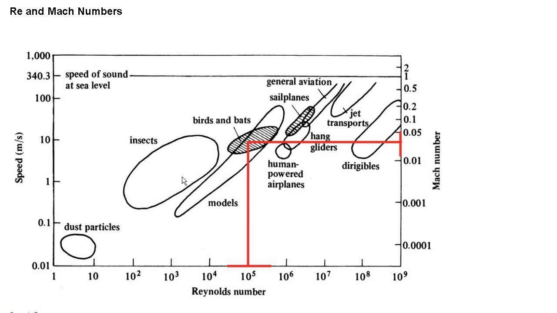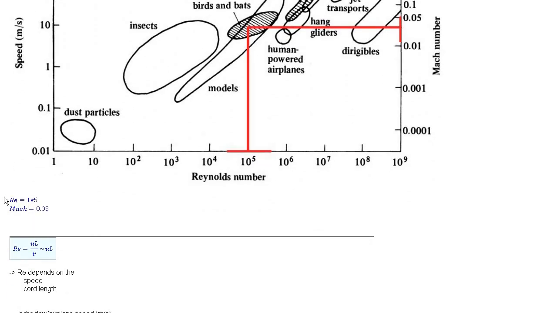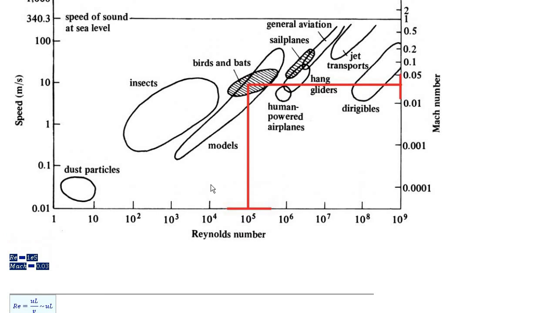For instance, insects have a lower Reynolds number, approximately 100, and the Mach number is even less than that. My goal is to basically build a plane which is the size of a bird, so the Reynolds number is approximately 10 to the power 4, 10 to the power 5, and the Mach number is 0.02.